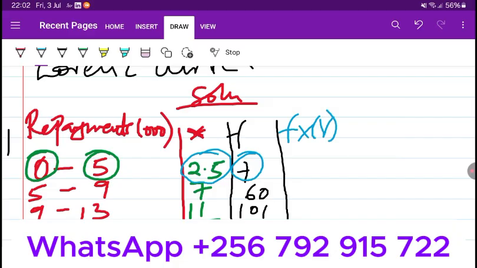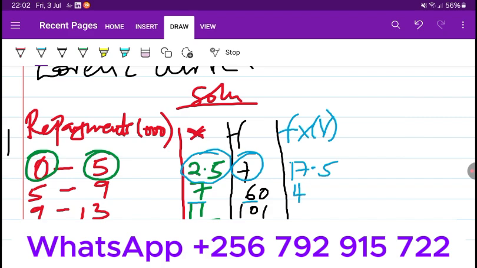So it is 7 times 2.5. It gives us a 17.5. Then we go to 7 times 60.